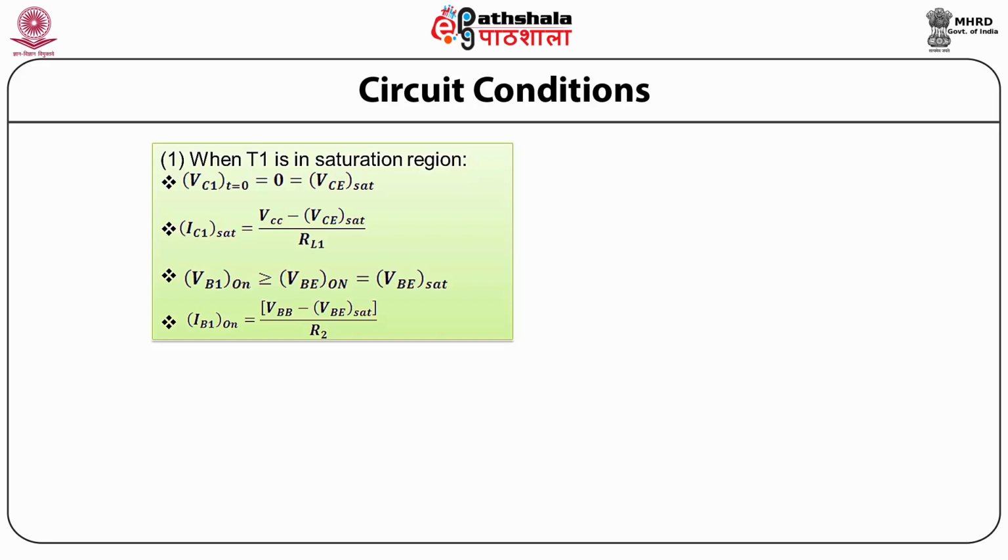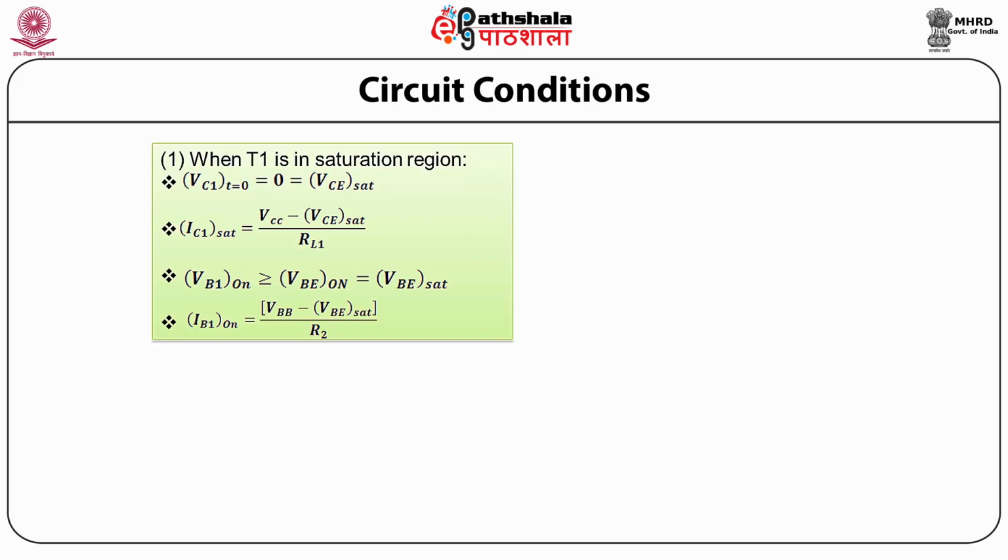Here VB1 on is greater than or equal to VBE on, equal to VBE saturation. So IB1 on equals VBB minus VBE saturation divided by R2.